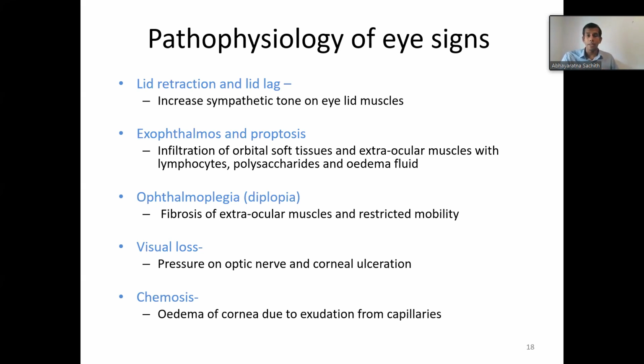The most important thing about the eye disease is that it can cause pressure on the optic nerve, and it can cause corneal ulceration, which can ultimately cause blindness. So it's a very important sign to detect, and we have to advise the patient to bring it to medical notice if they develop any severe visual problems, because that is an emergency condition.